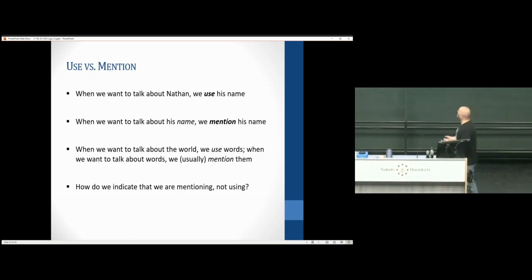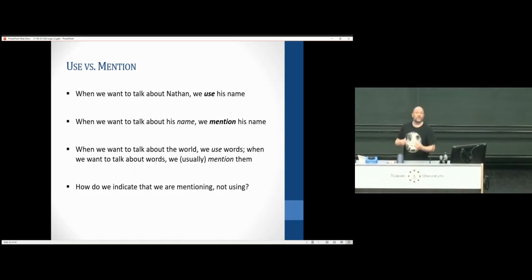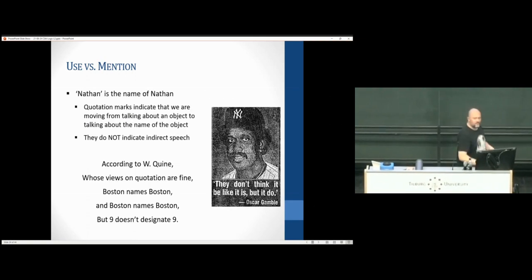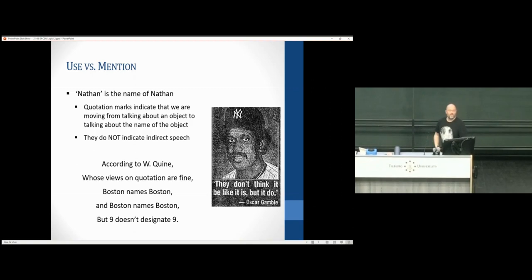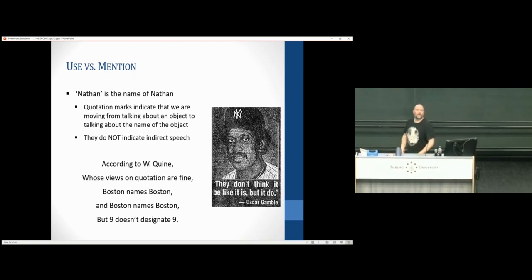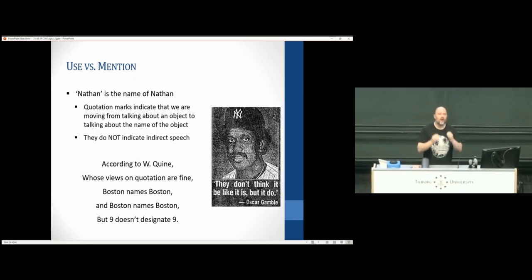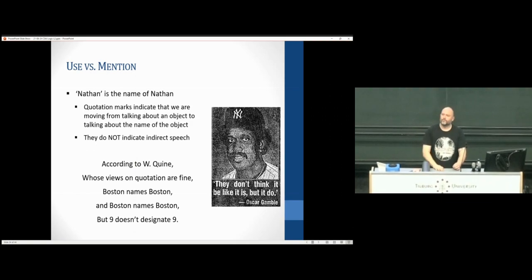And how do we indicate when we're mentioning and not using? Because use is going to be the standard operation here. Well, we've already covered it. Inverted commas. The inverted commas, the quotation marks, tell us when we're mentioning a word, when we're talking about the word itself, rather than whatever the word stands for.